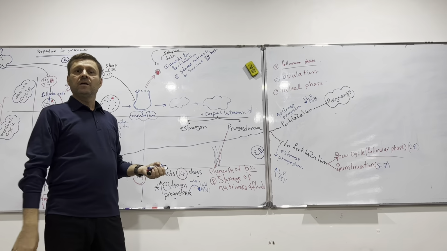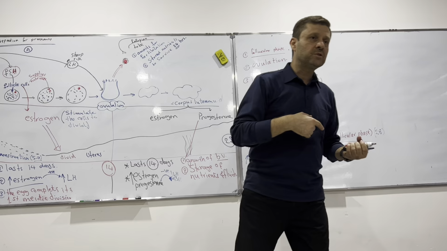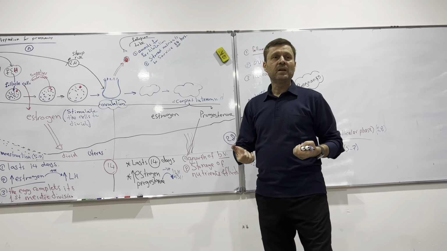Another question. Menstruation is prolonged and continuous in most women until age 50.